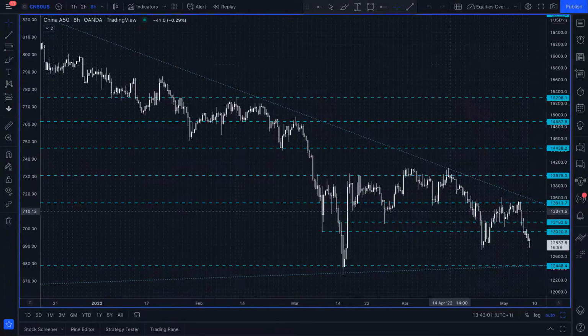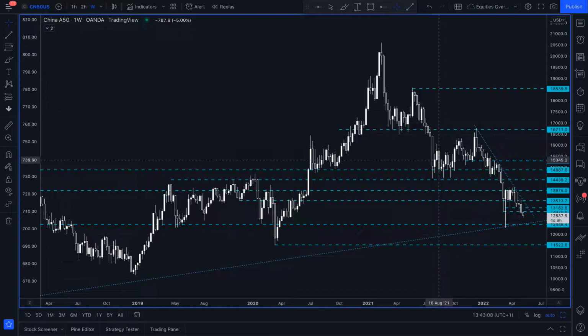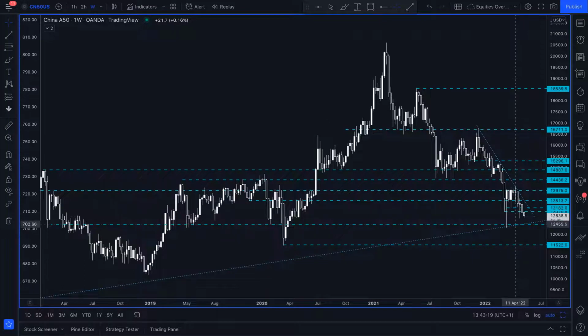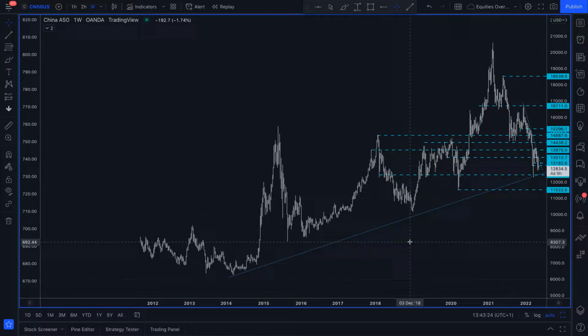Now, is there still a medium-term upside bias there for the pair? Well, yes, there is. Remember, we've got that very, very hawkish, bullish pin bar from the 14th of March. So it is possible to buy with stops underneath 12,000, that very long-term trend line.